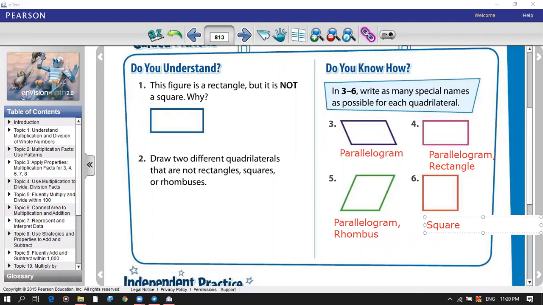And as we said, the square is also a rectangle, a rhombus, and a parallelogram. Try to do the rest by yourself and check your answer.